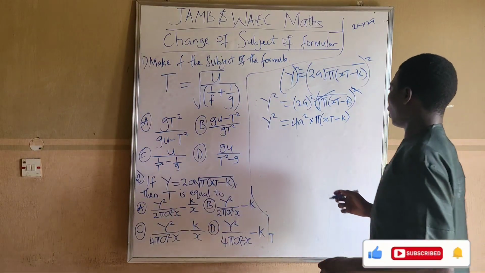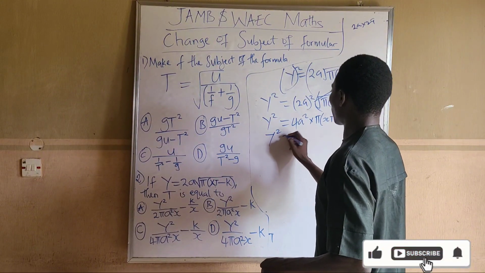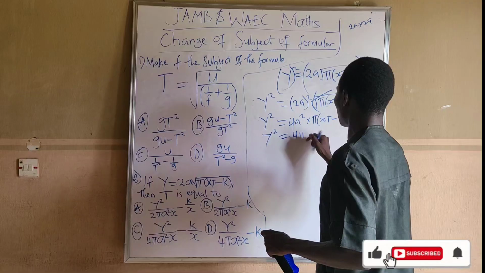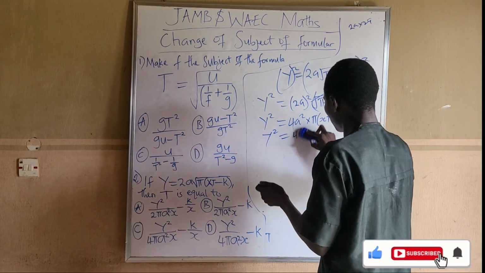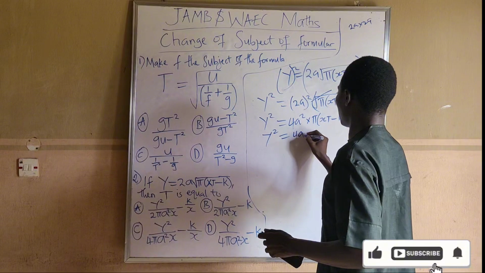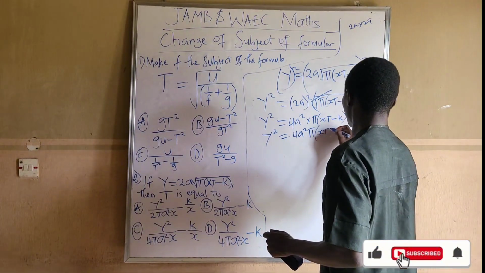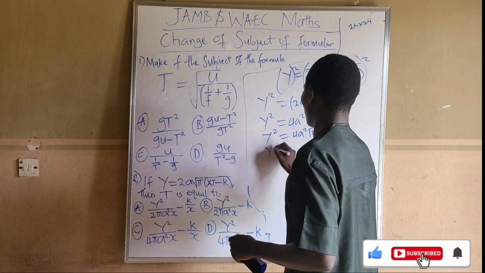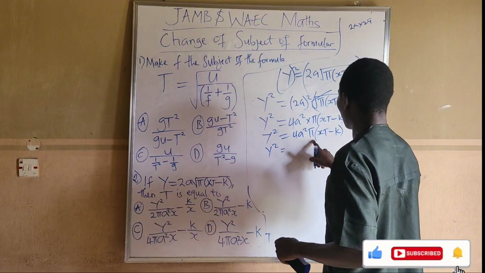All right. Now, let's try to multiply all through. Y squared equals 4a squared times pi into bracket xt minus k. Now we have y squared equals 4a squared pi.